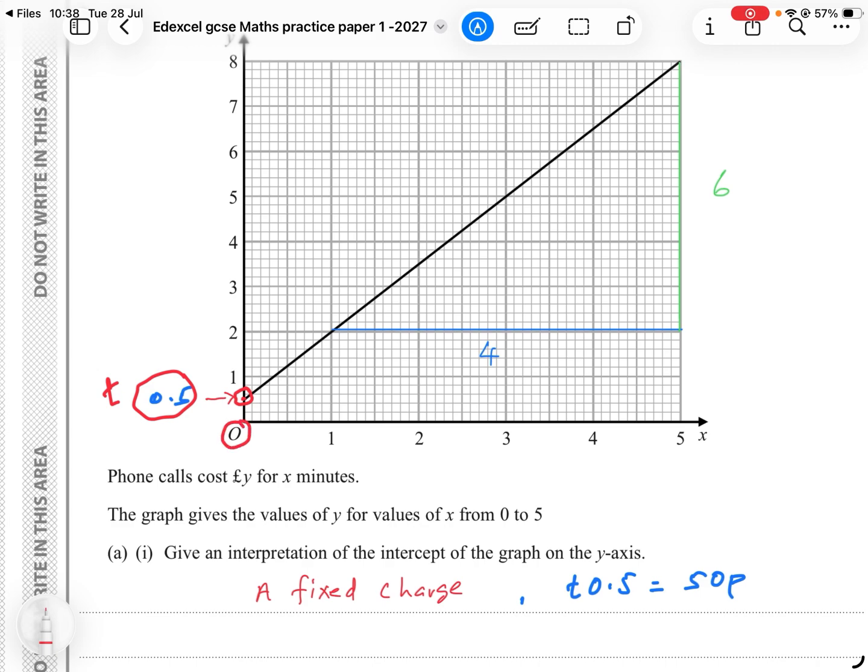That means no phone call made. So the interpretation of the intercept of the graph on the y-axis is a fixed charge, which is 0.5 pounds, 50 pence. Reason: no phone call made because x is 0. So the answer is a fixed charge.